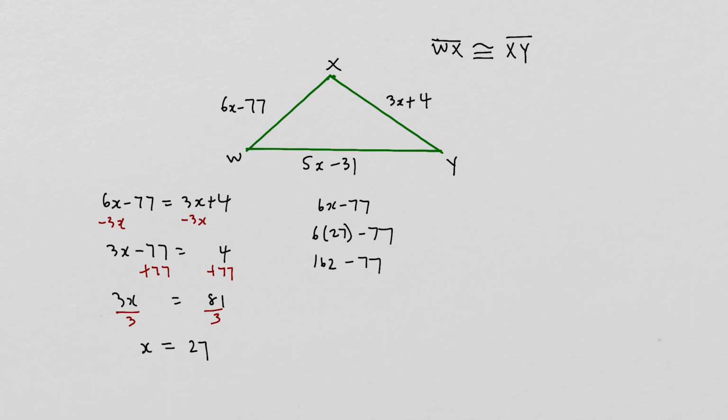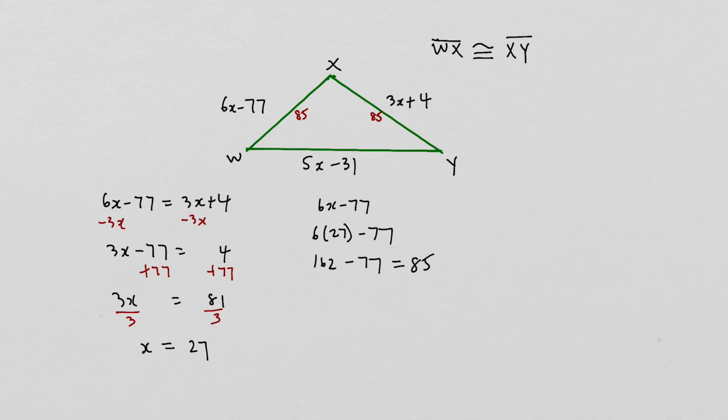And 162 minus 77 is equal to 85. So now that we know that this side is equal to 85, we automatically know that this side is equal to 85. Let's go ahead and label that. This is 85, this is 85, and now all we need to do is solve for this third side.